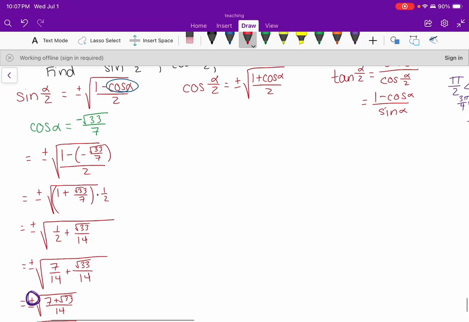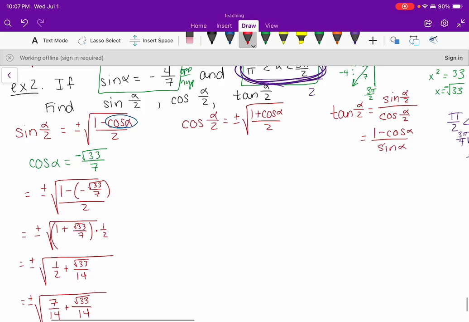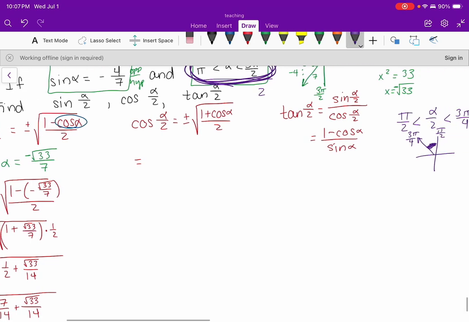Next, let's look at cosine alpha over 2. I already have cosine alpha, so I can just plug it right into my identity. I can also choose my plus or minus. Since we're in quadrant 2, cosine is negative, so we're going to have the negative. So it'll be negative square root of 1 plus negative square root 33 over 7, all over 2.